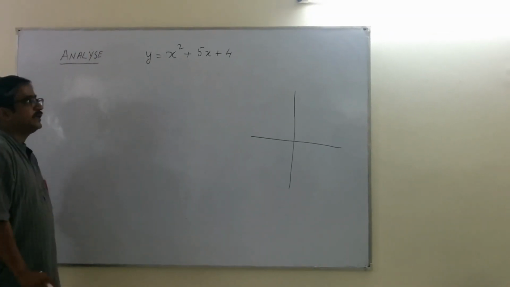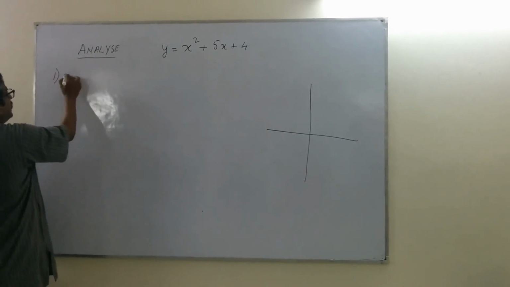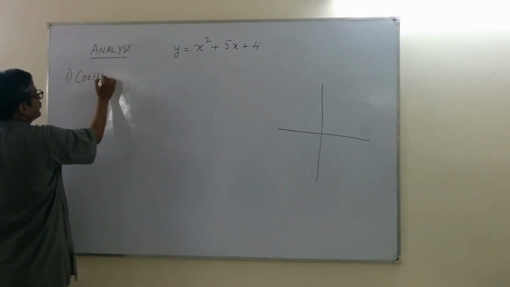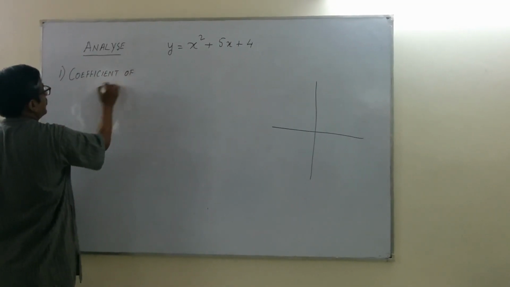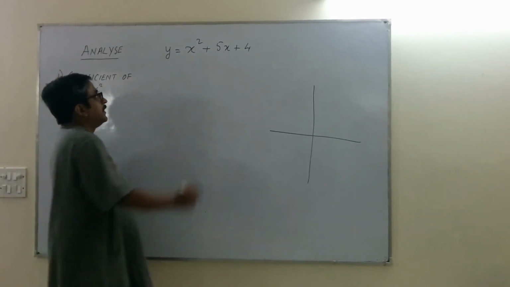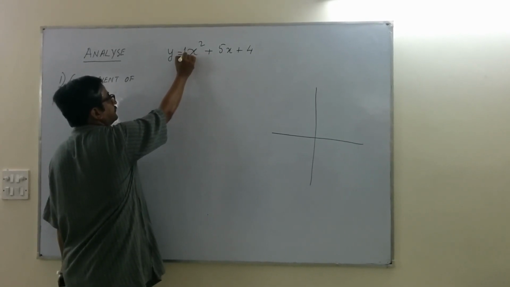this quadratic equation. The first thing is, look at the coefficient of x square. The x square coefficient is 1 over here.